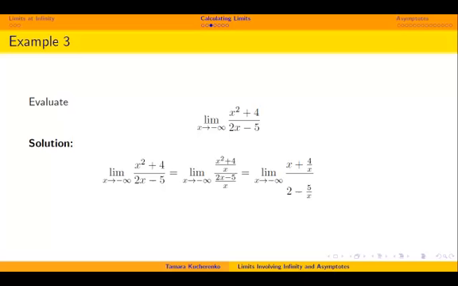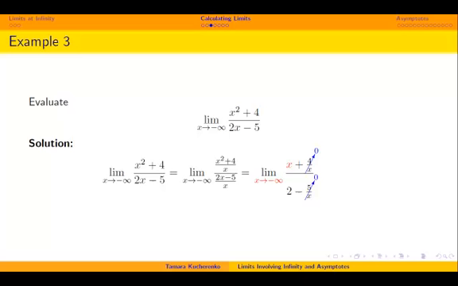When x approaches negative infinity, 4 divided by x tends to 0, and 5 divided by x tends to 0. Now we see that the denominator approaches a number 2. However, in the numerator we have x, which tends to negative infinity.